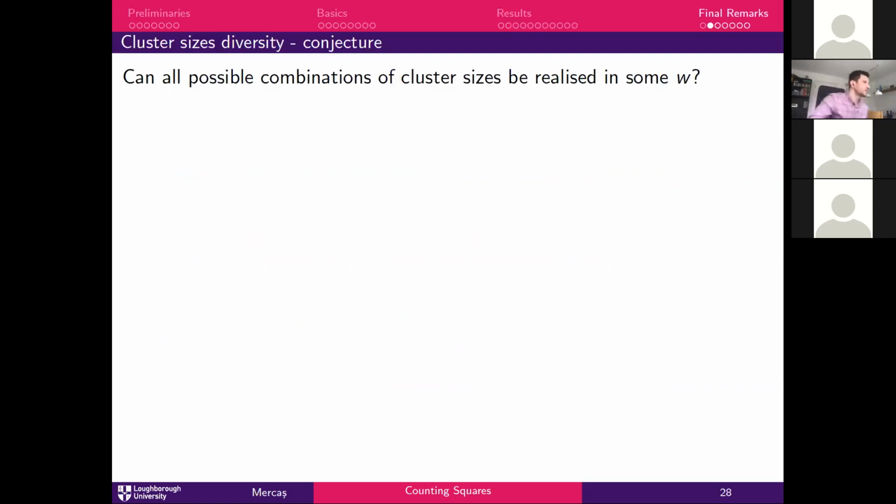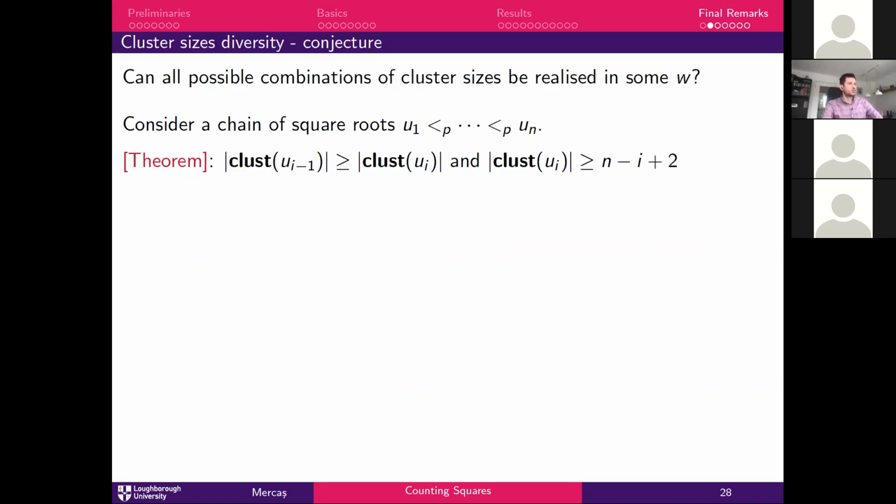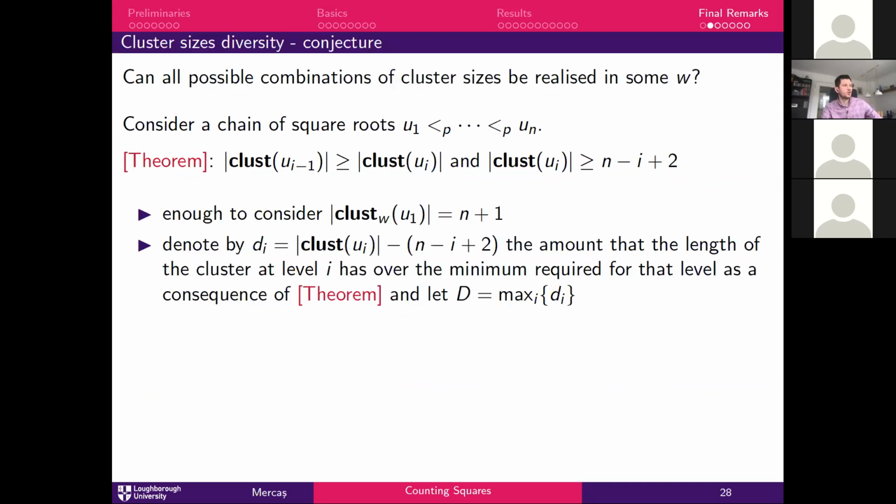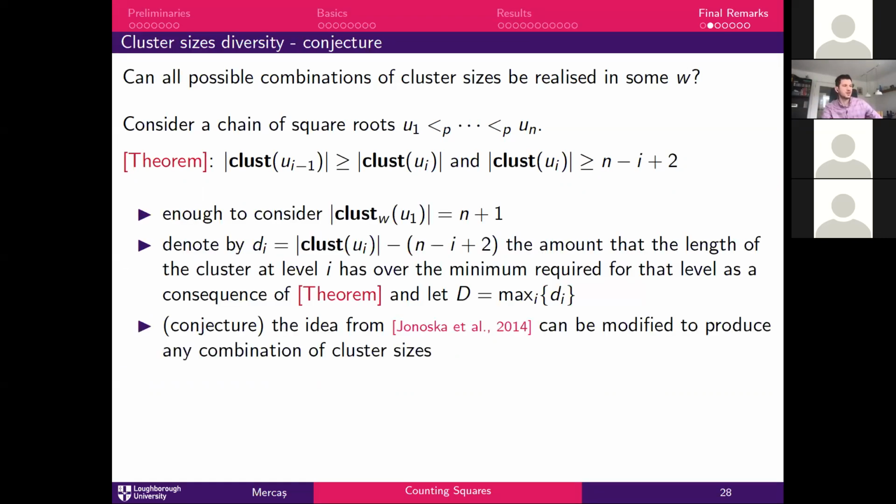As final remarks, using the second result of Jonoska et al., what we can do is show that we can get all combinations of clusters. So if you're looking at clusters and you're trying to do squares, you can basically get, or we conjecture that you can get, anything.